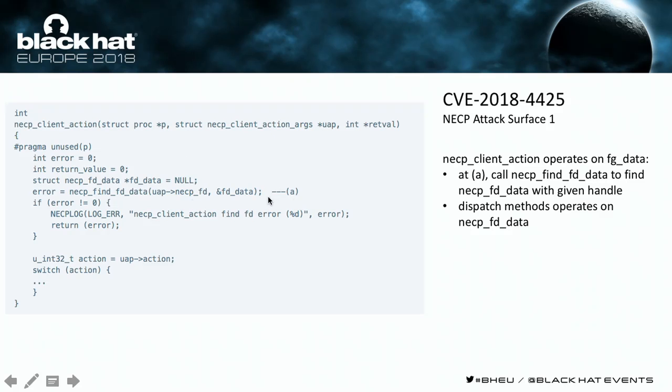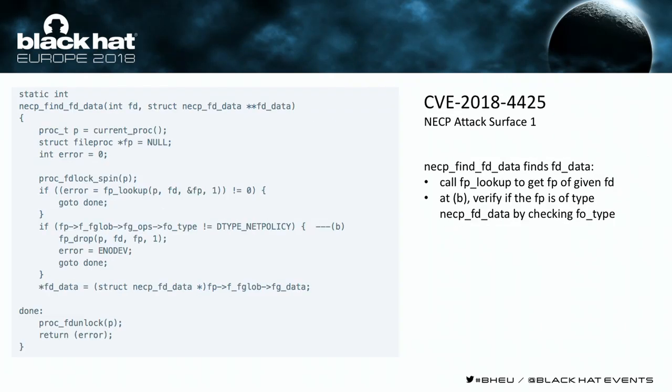At location A, it will call NECP find FD data according to the user provided handle to find the real kernel object, the NECP FD data. Okay, let's see how it finds this kernel object according to the provided handle. It calls NECP find FD data.